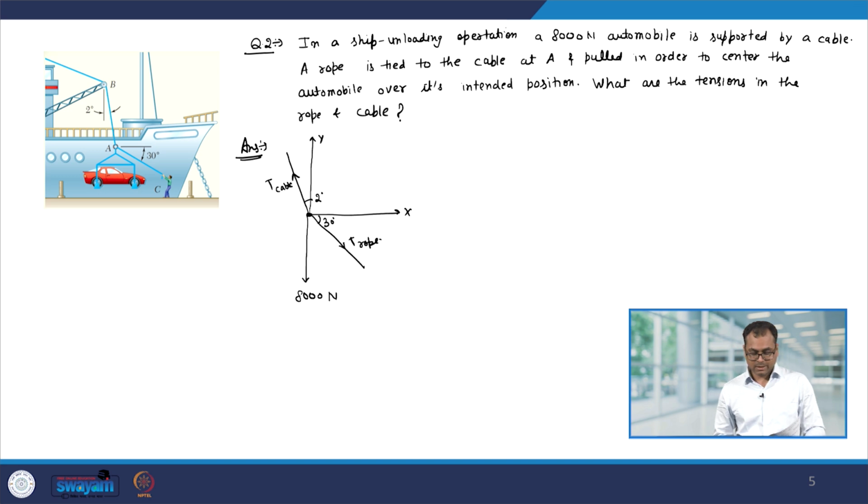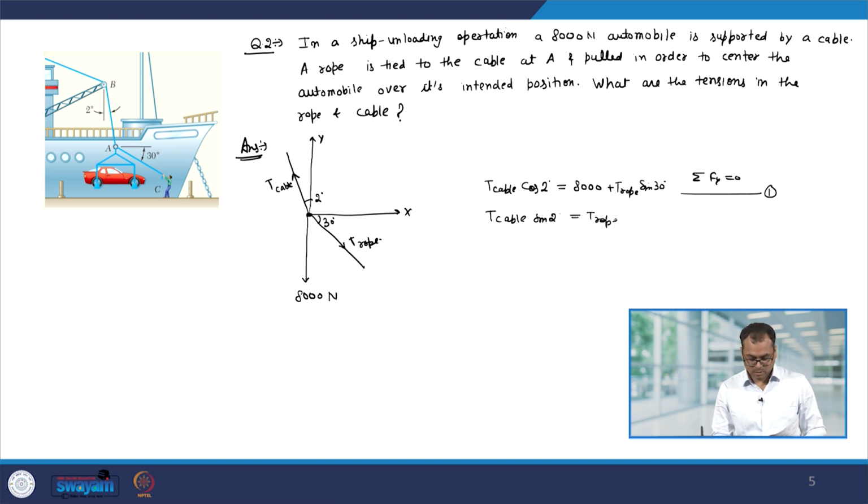Now, let us balance the forces. Let us first balance summation Fy equal to 0. So, T cable cos 2 degree equal to 8,000 plus T rope sin 30 degree. Let us call it equation number 1, and now let us balance the horizontal forces. So, T cable sin 2 degree equal to T rope cos 30 degree.